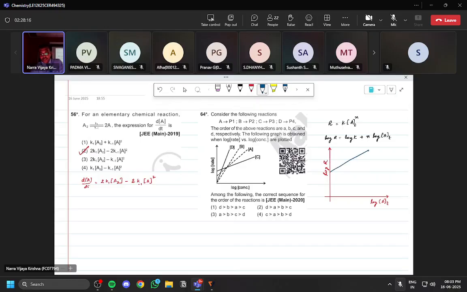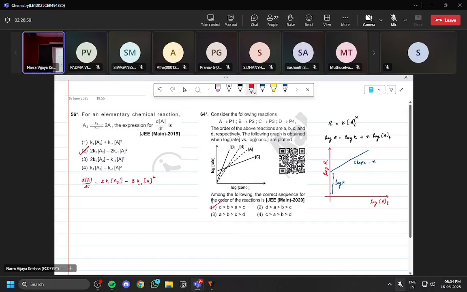So what is this intercept? Log K, and slope equals n. As the n value increases, the slope of the curve increases. Now observe all these graphs. Which has the highest slope? D, meaning the order of D is maximum. So D is greater than B, greater than A, greater than C.